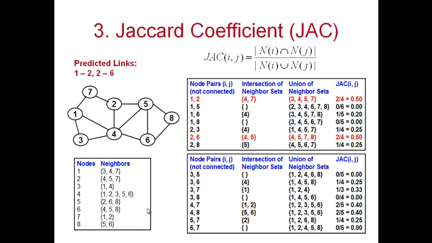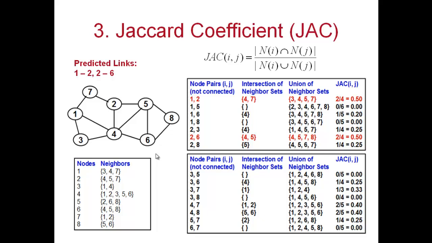The union of the neighbor sets is not necessary to find, because whatever it is, the ratio is going to be 0. But just for curiosity, let's go and find it. So for 1 and 5, you have 3, 4, 7. See if 2 is already in this set. No. So include 2. Then 6. No. Then 8. No. So it's going to be 2, 3, 4, 6, 7, 8. So 0 divided by the size of the union, which is 6, is still 0.